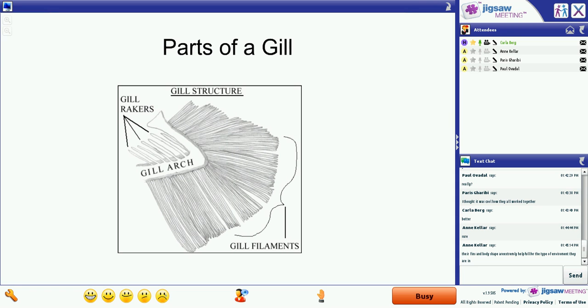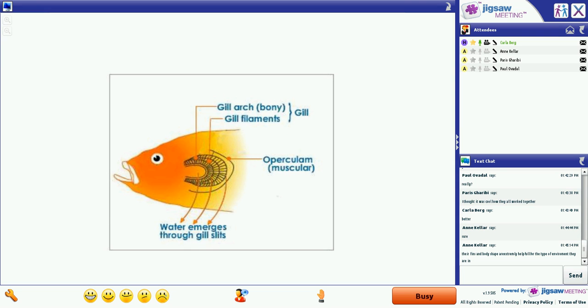And here's a picture of each section. The gill filaments are here. They're almost feathery looking. The gill arch is where it is attached, and the gill rakers are in front of the gill arch to keep the food out. On a fish, this is where they would be located.